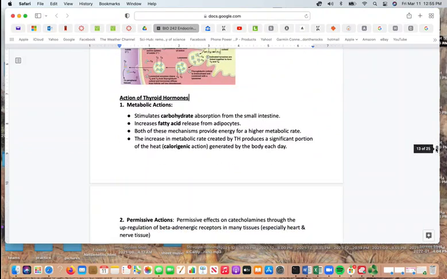So the actions of thyroid hormones, it's going to stimulate carbohydrate absorption from the small intestine and increase fatty acid release from the adipocytes. Both of these are used to get a higher metabolic rate and produce more energy.